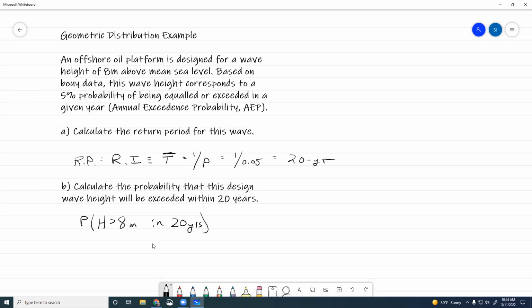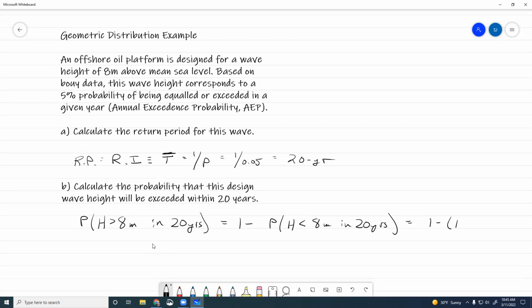Greater than is hard, so we're going to write that as 1 minus the probability that it's less than. We can then write that as 1 minus the probability that we basically don't get this recurrence interval, it doesn't happen.